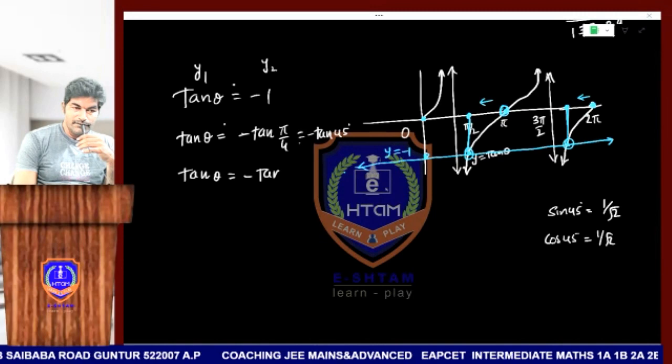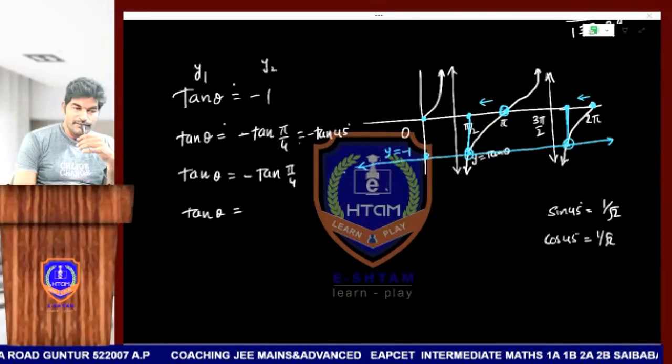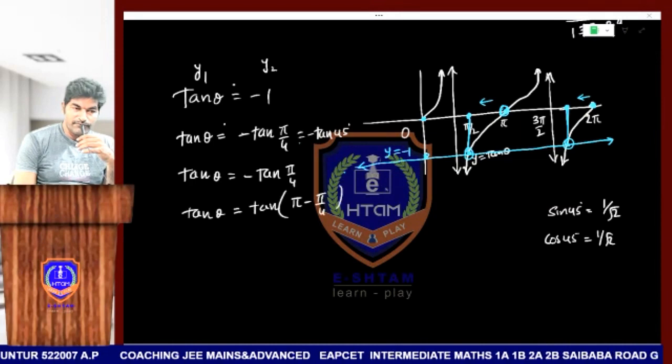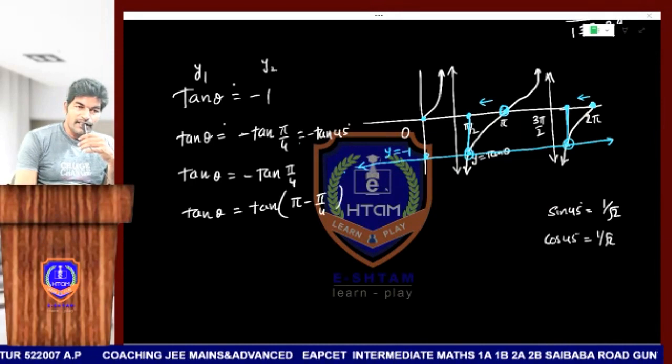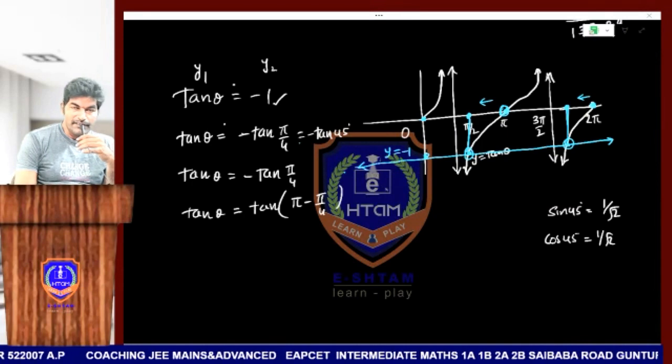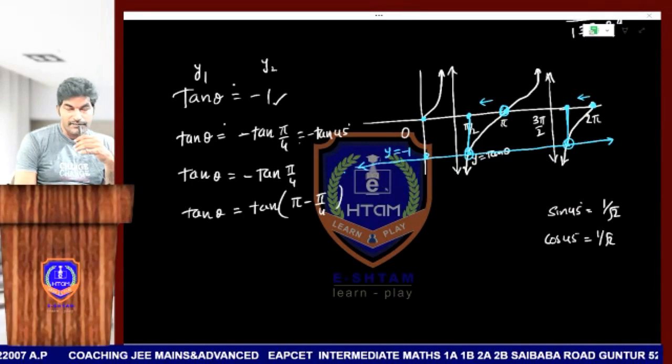Therefore, tan theta was now minus tan pi by 4. To remove this minus from this expression, you have to write pi minus pi by 4. Why pi minus pi by 4? Clearly, tan theta being negative tells you it lies in the second quadrant. In the second quadrant, we know that it is pi minus theta, right?